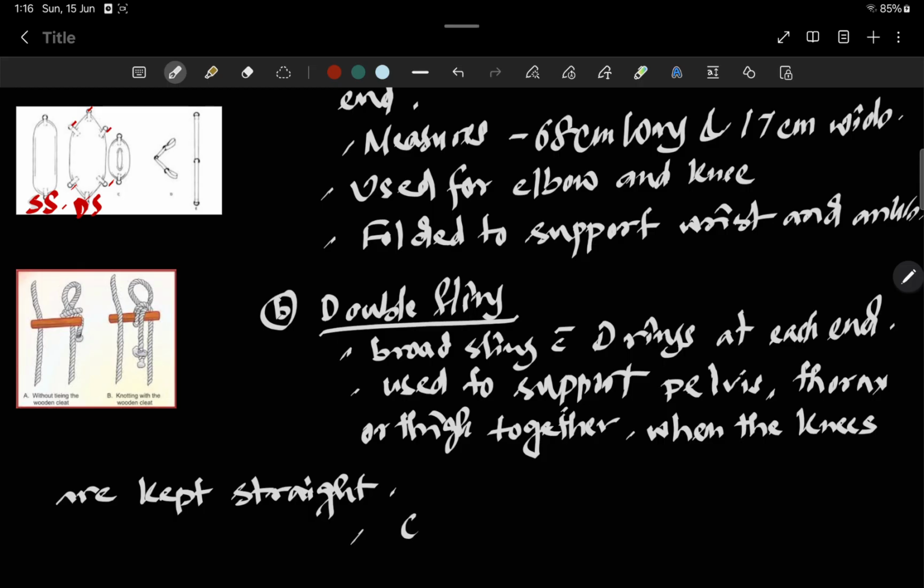It is also 68 centimeter long and 29 centimeter width.